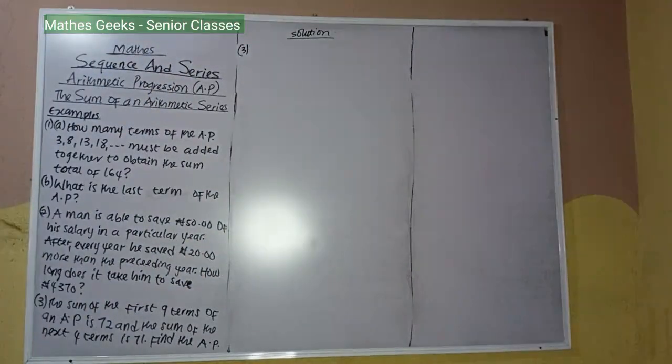Actually, the sum of the first 9 terms of an AP is 72.